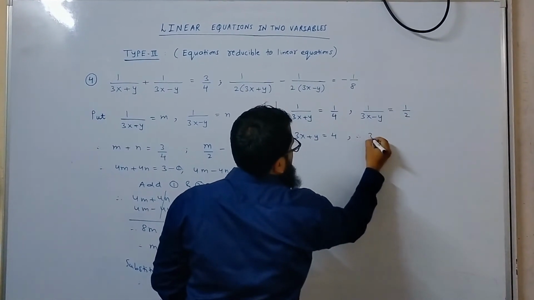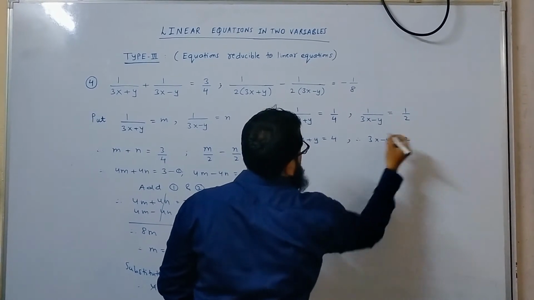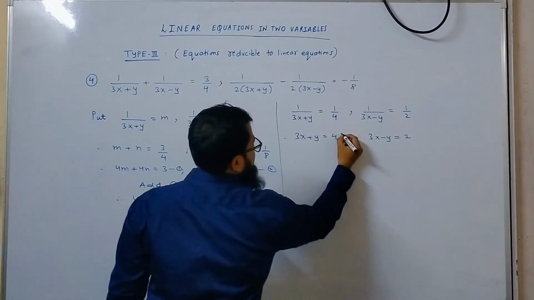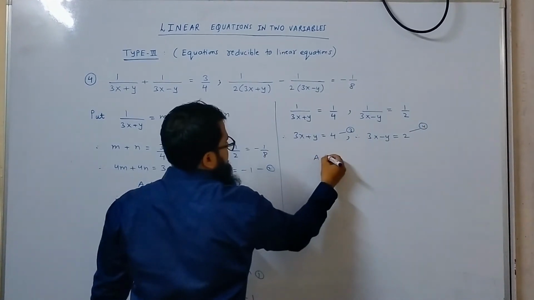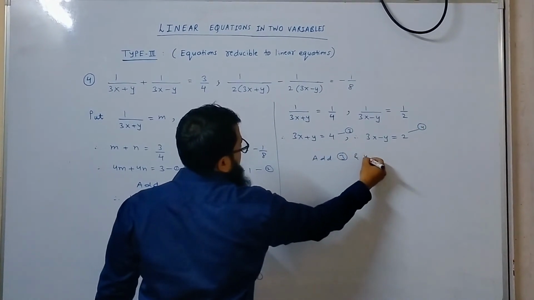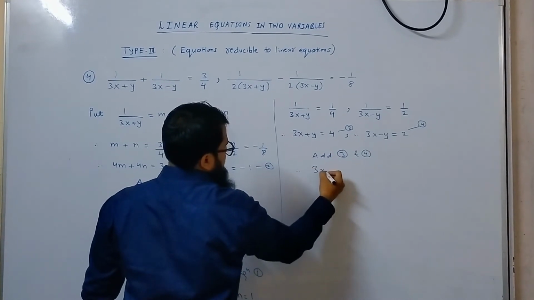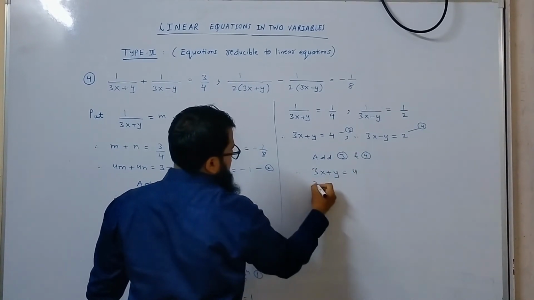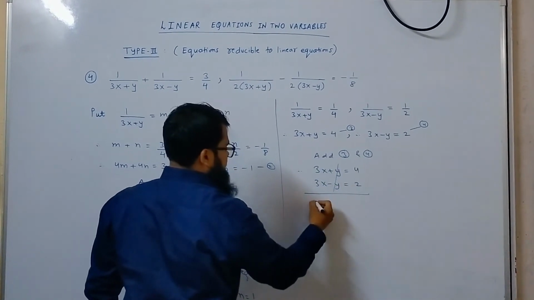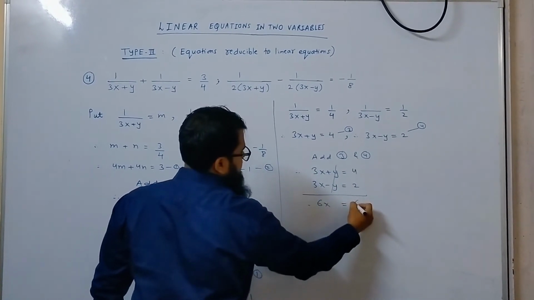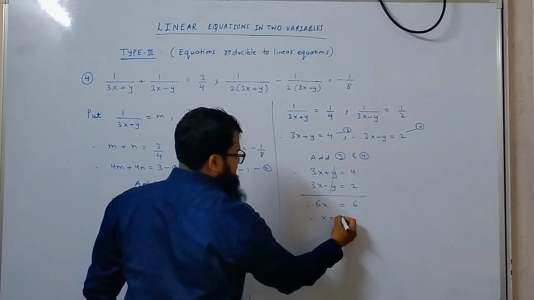So therefore 3x minus y equals 2. Take this as equation number 3 and take this as equation number 4, add them. Add 3 and 4. Therefore 3x plus y equals 4, 3x minus y equals 2. Cancels. 6x is equal to 6. Therefore x equals 6 by 6, which is 1.